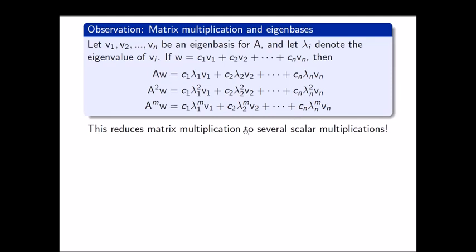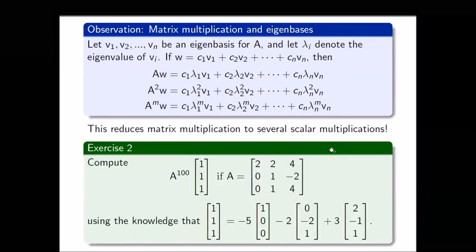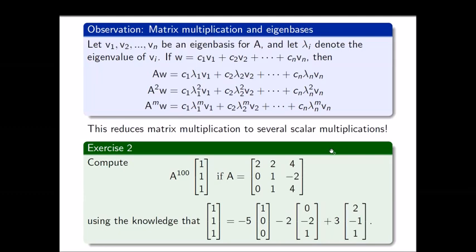So instead of doing lots of matrix vector multiplications, we're just doing lots of scalar multiplications, and that is a lot easier. So let's look at an exercise to demonstrate this.